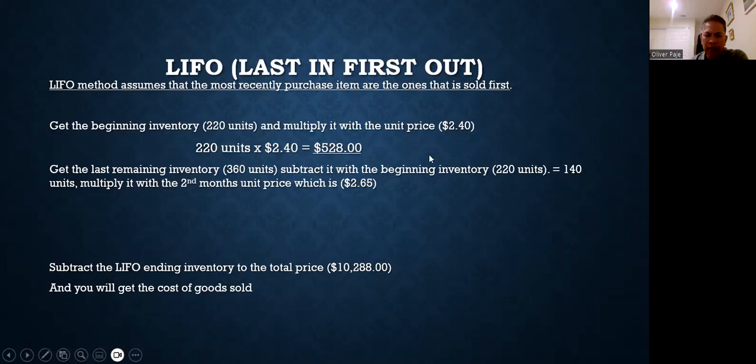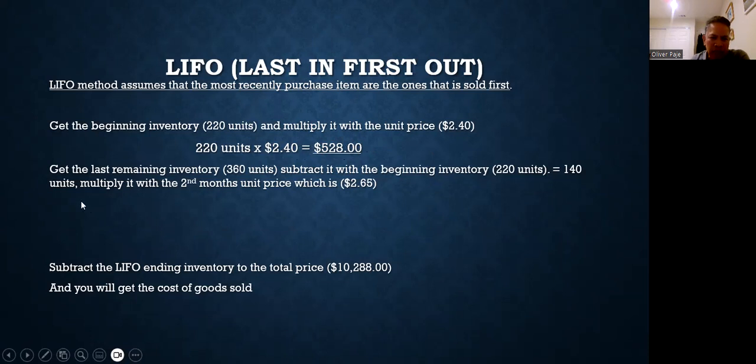So 220 multiplied by 2.40, you will get 528.